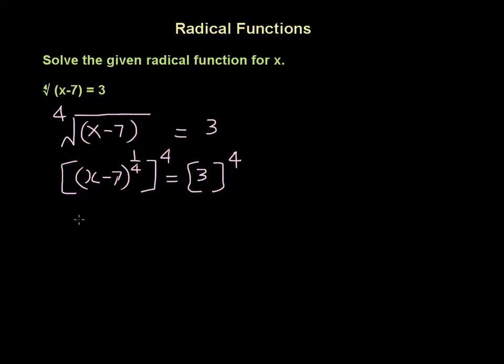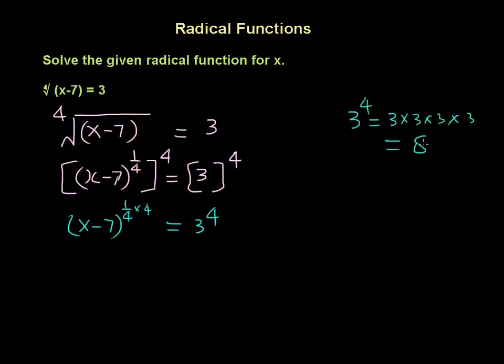So I get x minus 7 to the power 1 by 4 into 4, and here I have 3 to the power 4, right? What is 3 to the power 4? It means 3 into 3 into 3 into 3, which is actually 81, right?